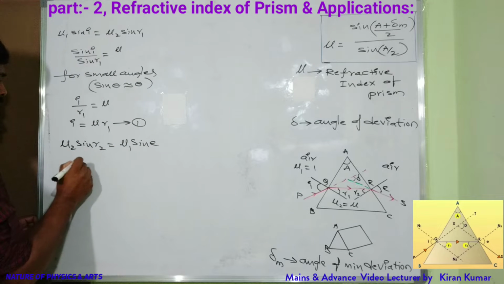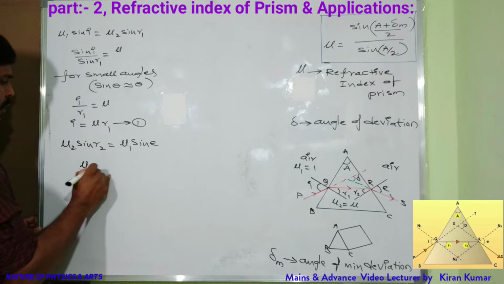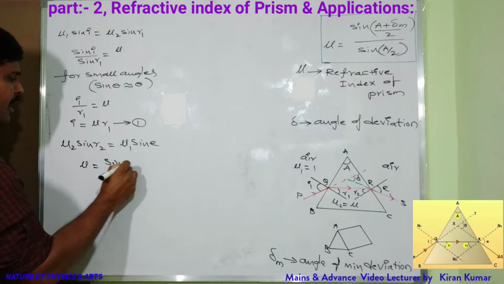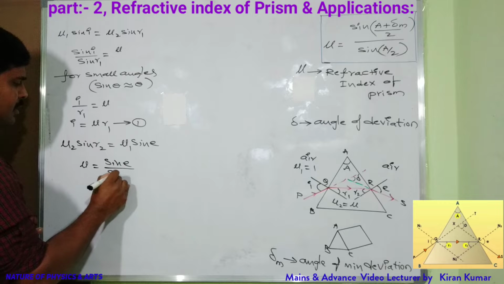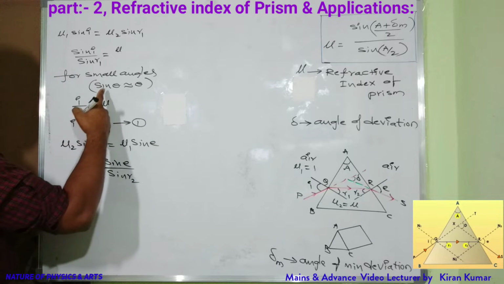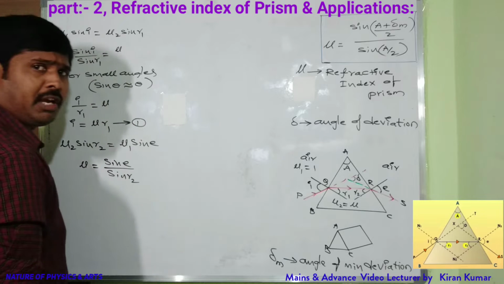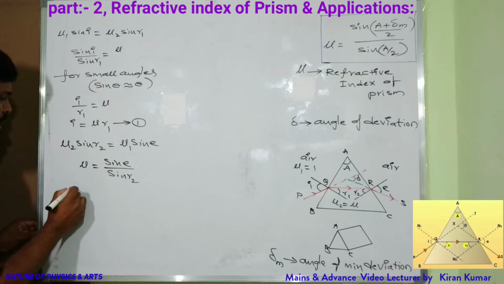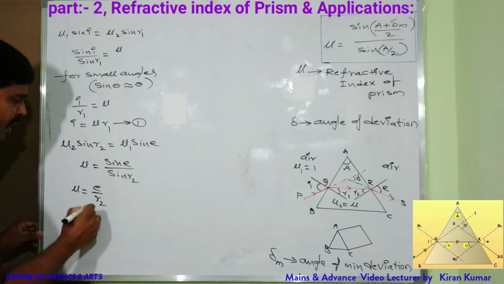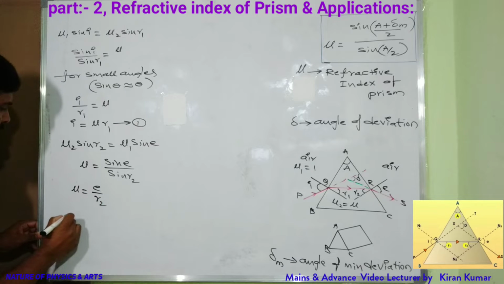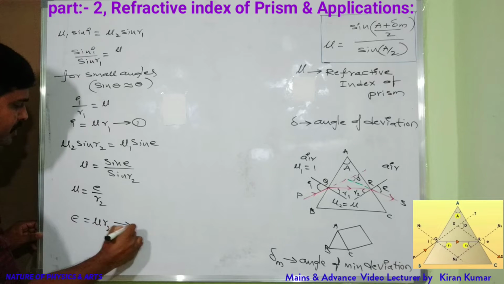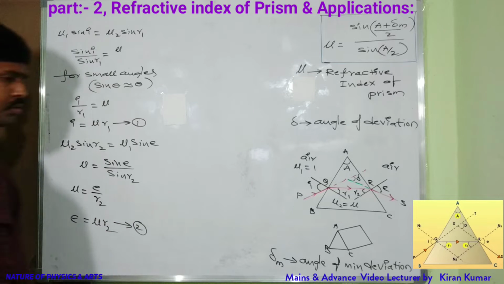Now here mu2 is equal to mu and mu1 is equal to 1, that is sine e divided by sine r2. For small angles, sine theta is approximately equal to theta. Now mu is equal to e divided by r2, from this e is equal to mu r2, taken as equation number 2.